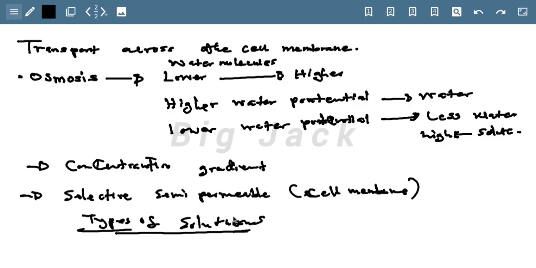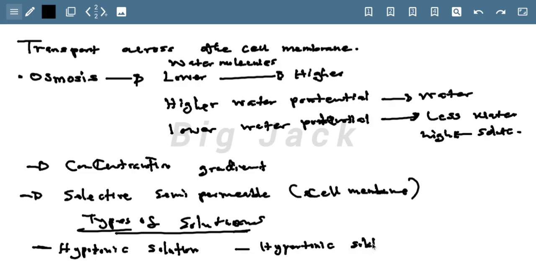When you talk of a hypotonic solution, you talk of a solution with more water concentration. Apart from the hypotonic solution, we also have the hypertonic solution. A hypertonic solution is a solution with high solutes, or more solutes. Then lastly, we have isotonic.